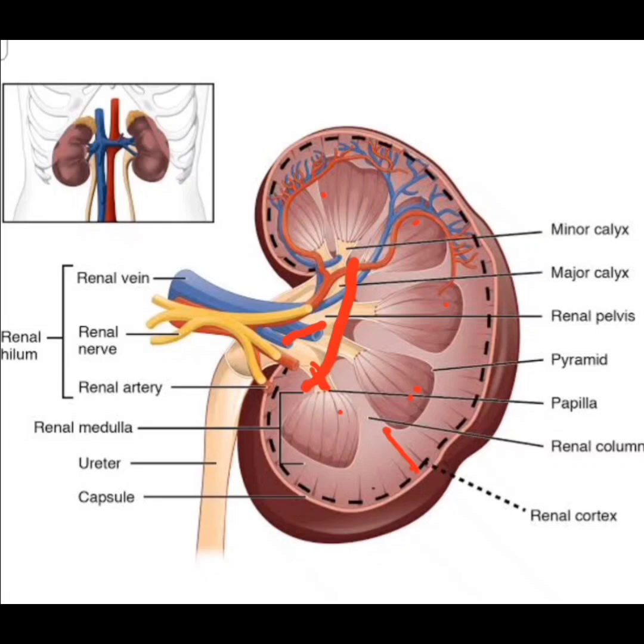So the renal pelvis is the collecting system. It catches the urine. As the urine drips down, it works as a funnel that catches all the urine and channels it to this ureter. Then from the ureter, it moves down to the bladder for temporary storage.